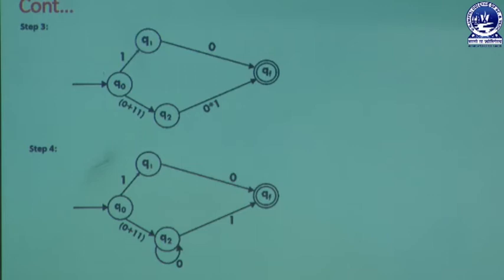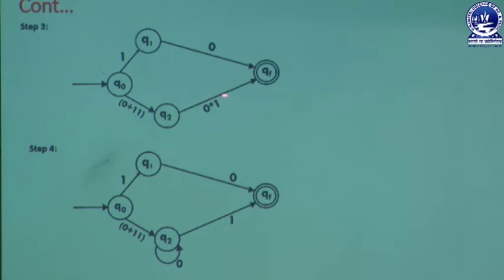In step 4 we need to convert again. We get the same Q0 taking input 1 to Q1, which takes 0 to QF. Similarly, Q0 takes input 0 + 11, which is not broken yet, and that expression is broken in the next step 5.